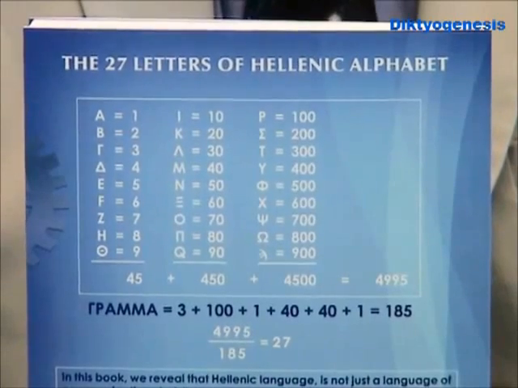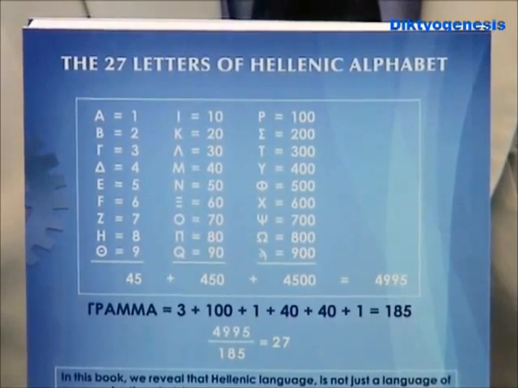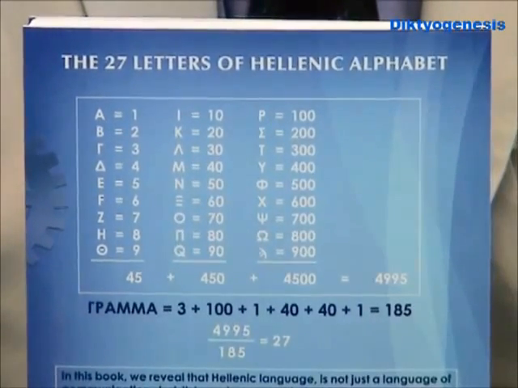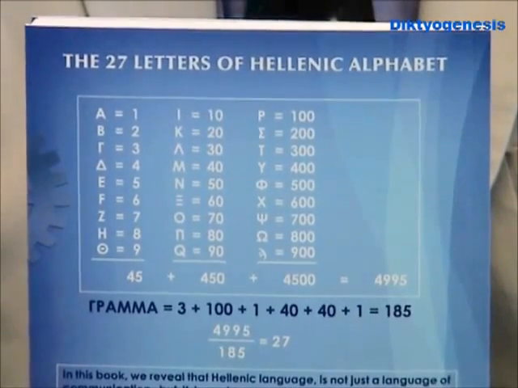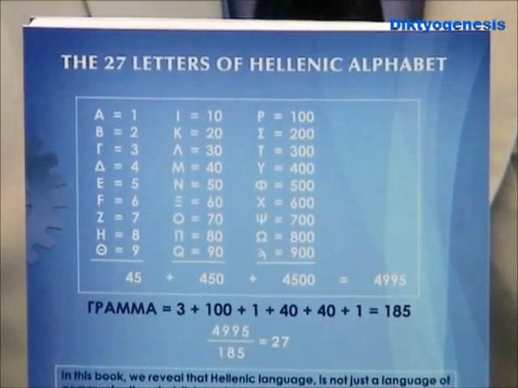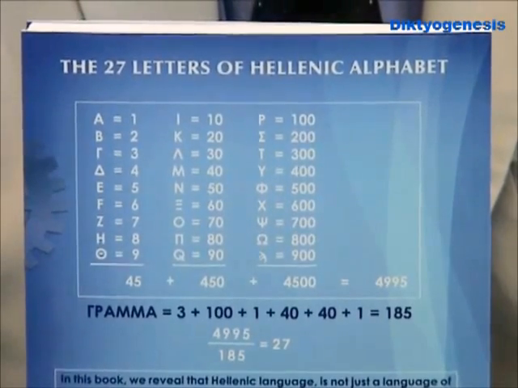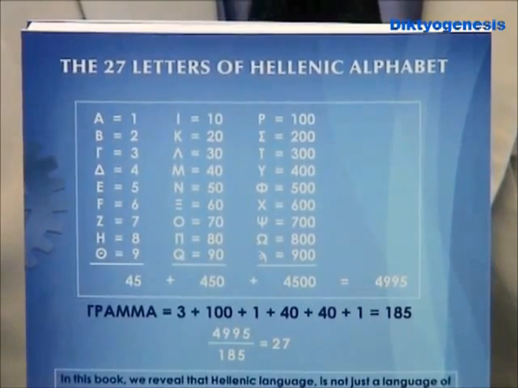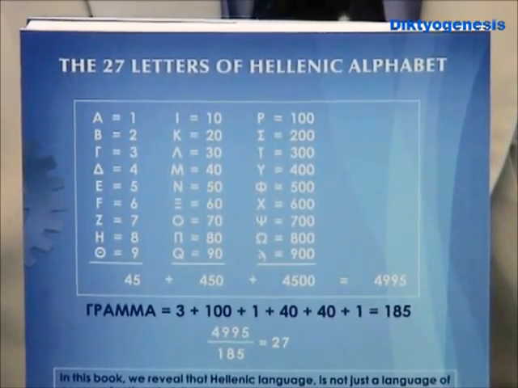It is very simple. If we take the word letter and write it in Hellenic language, which is gramma, then gamma is equal to 3, rho equals 100, alpha 1, mu 40, and alpha again 1. The lexarithmos is the total sum of the numbers corresponding to the letters of one word.